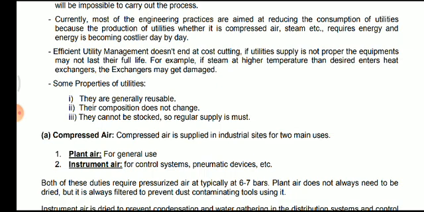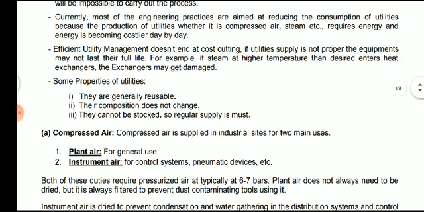Some properties of utilities. First, they are generally reusable. Utilities should be in a reusable form, and their compositions should not change.